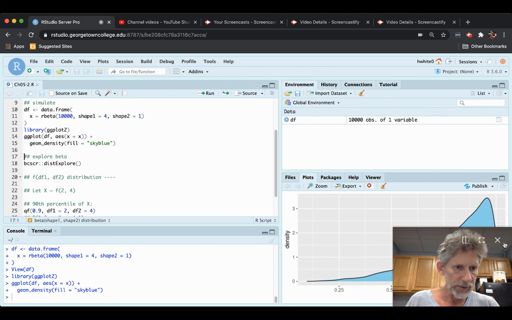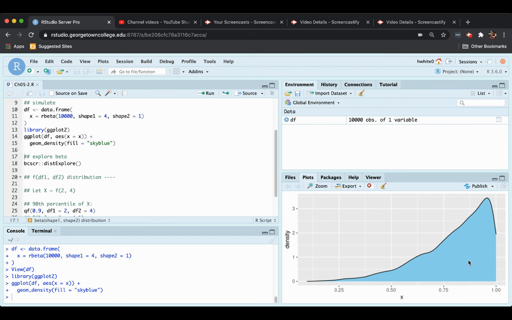And I'll have to take away my face so you can see it. But it kind of makes sense. Most of the curve is centered around here up near 0.8 or so. And so it makes sense that you'd expect 80% of the waiting time to be for the first 4 of the 5 events.